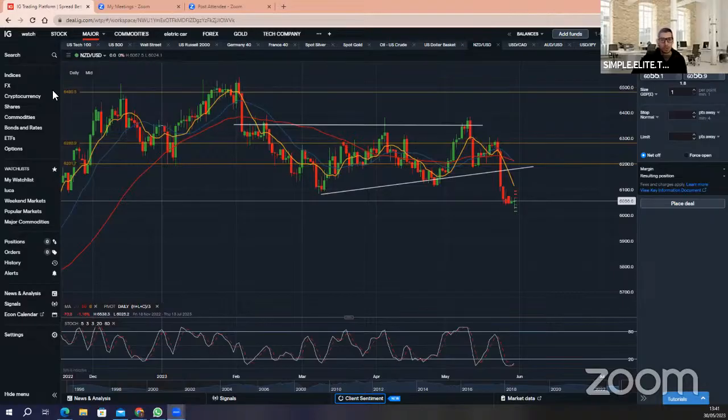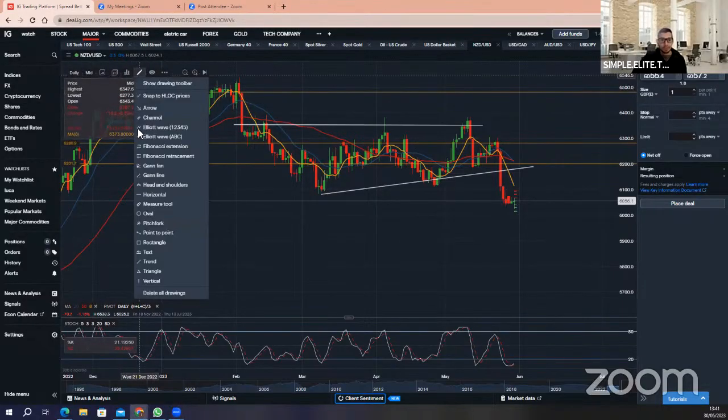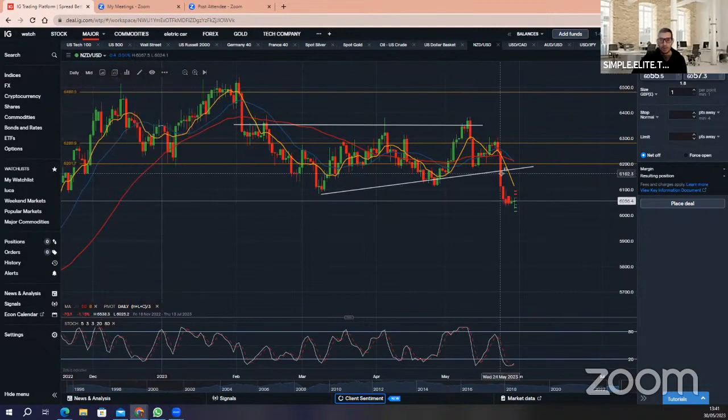Let me get the mouse. So I will probably see some price rejecting this area, 61.40, or otherwise at this area here, 62.